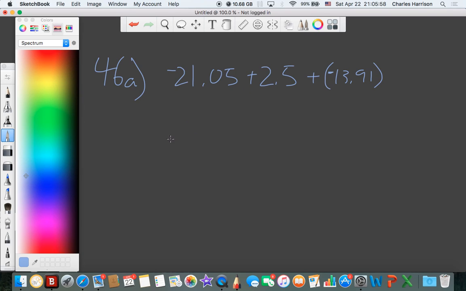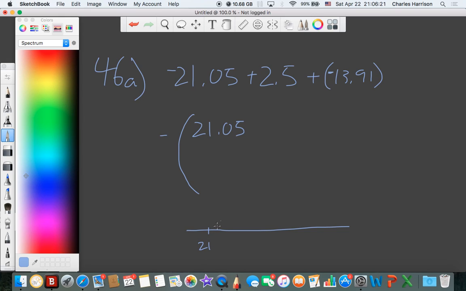Now I like to do it kind of like this in my brain, and this kind of makes it easy. I put the negative on the outside, and I put a 21.05 on the inside. And really I should have a negative left over, but it should be a smaller negative, because I'm on the number line right here. I'm at 21.